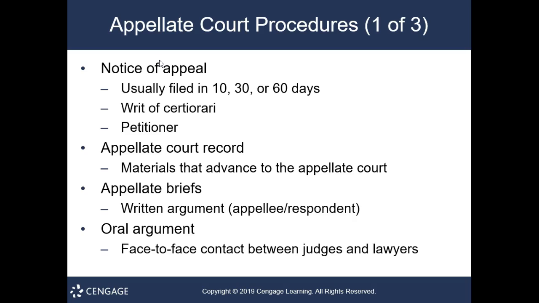But very typically, in a case where a defendant is found to be guilty, the last thing for the trial court defense attorney is to file the notice of appeal just to make sure that they don't blow that time period for the defendant and lose their right of appeal.